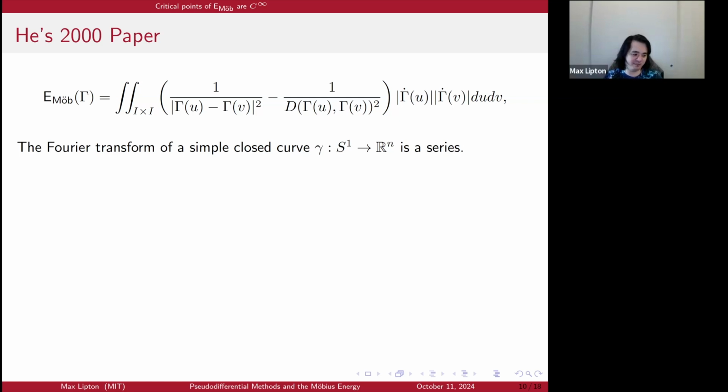And how I believe that would manifest when looking at the Fourier series representation of said curve is that the associated integrals wouldn't be absolutely convergent in and of themselves.